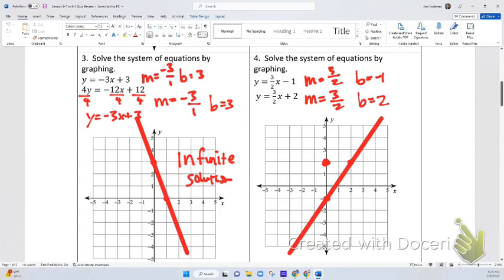And then from here, I also go up 3/2. And then what you're going to find here is that these give you two lines that never ever intersect, which are called parallel lines. And when you have parallel lines, you have no solution.